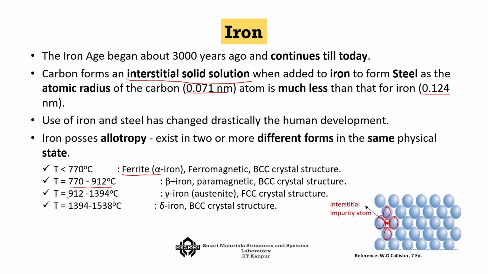Then if you increase it further, 912 to 1394, you get gamma iron, which is austenite, and that has an FCC crystal structure. And this austenite, we will later see, plays a very important role in defining the mechanical properties of iron. Then from 1394 to about 1538, beyond which naturally the iron melts, you get delta iron, which is again a BCC crystal structure. So, BCC, BCC, FCC and then again BCC. So, iron changes its forms with respect to temperature.